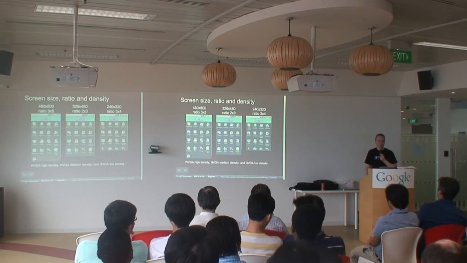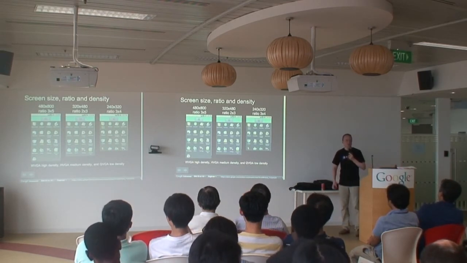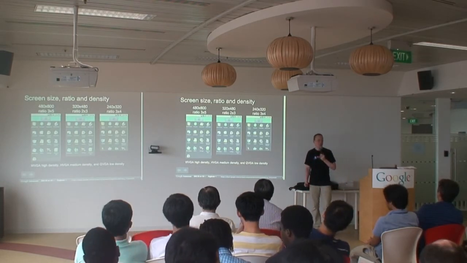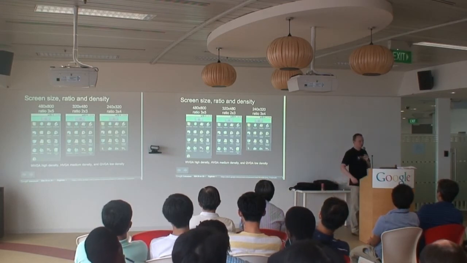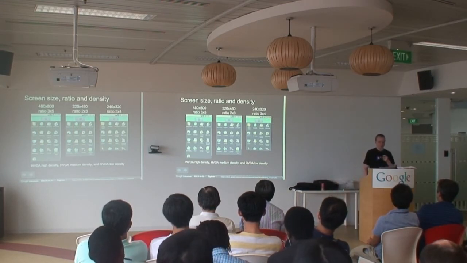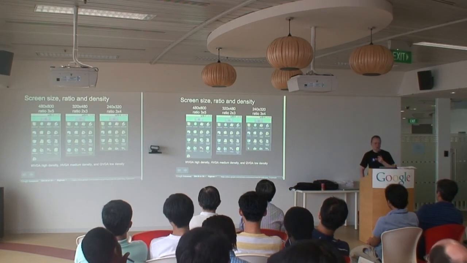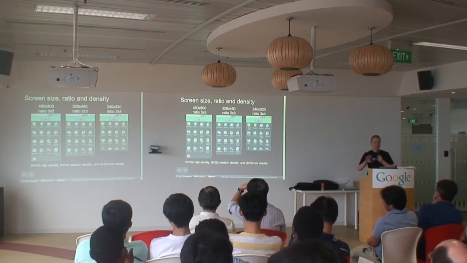Okay, so words about screen size, ratio and density. Android devices come in many flavors. They have big, small, various densities and ratios. If you look at these three examples from the Android documentation, you see that these all have the same width, but we have different heights.